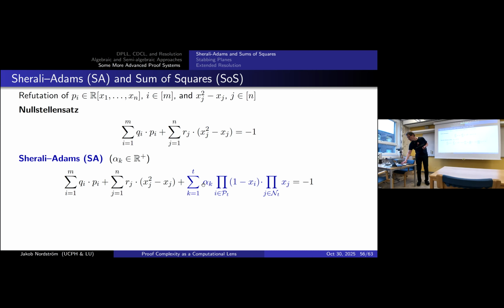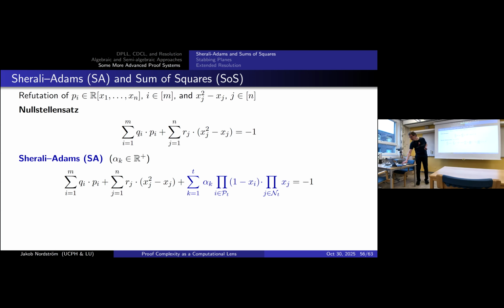What can we say about this alpha_k times (1 - x_i) times x_j? Clearly it's not negative, right? It's either 0 or it's positive. So it can only take me further away from -1. So if I can write a certificate like this, you should be convinced that this is a certificate of unsatisfiability.